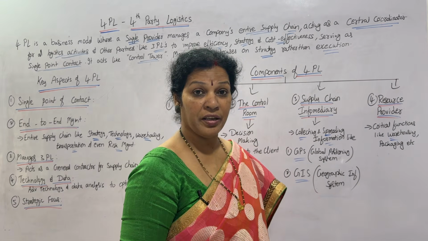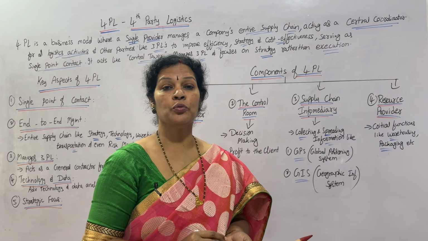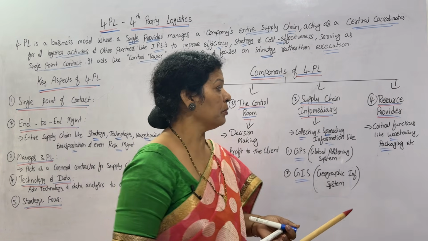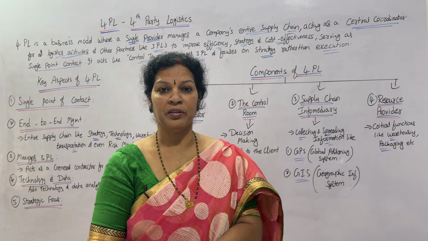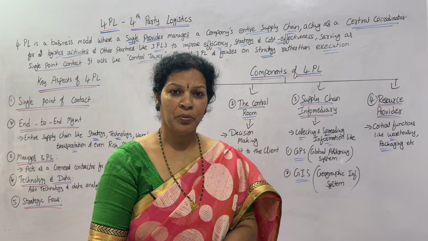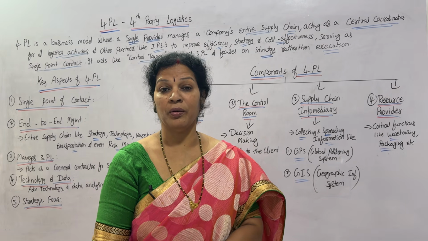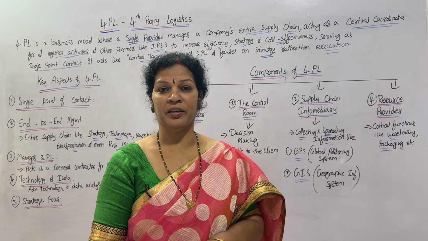Critical functions like warehousing and packaging. On these two aspects they'll be focusing more. Where we are doing the warehousing activities, what precautions they are taking, how it will be useful for the organization, all these things they'll handle in a clear way.